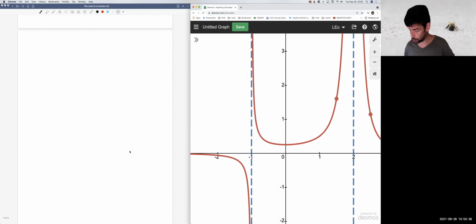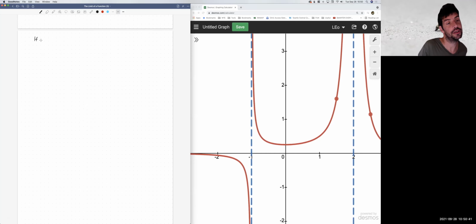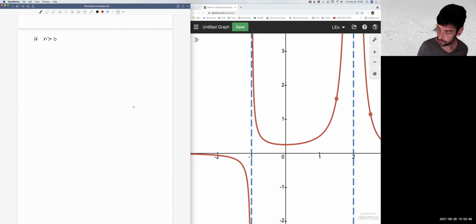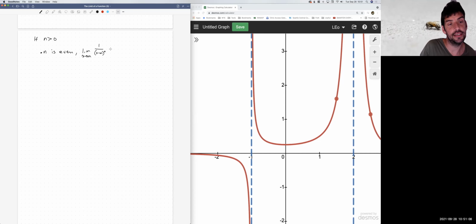One typical place we'll always see this: if n is a positive integer, if n is even, then the limit as x goes to A of 1 over (x minus A) to the n is going to be equal to infinity.